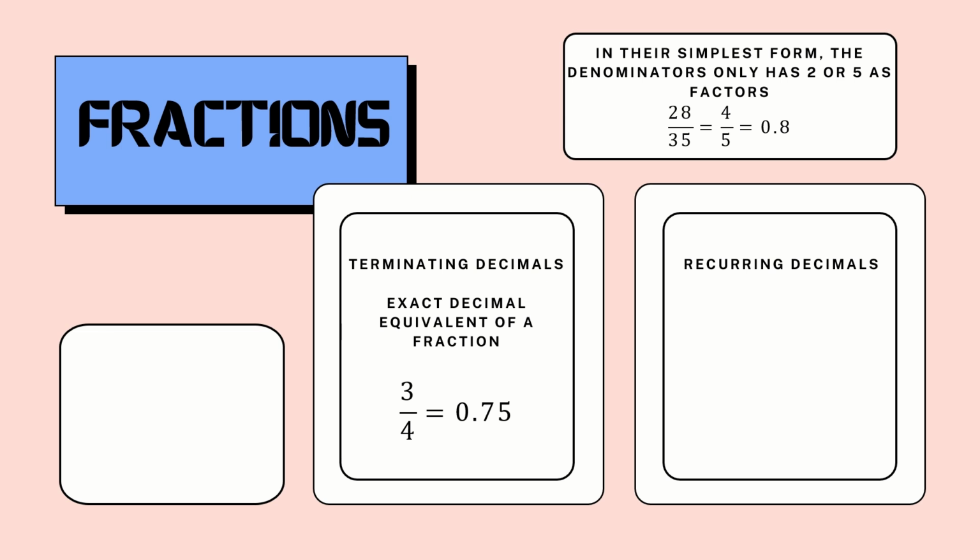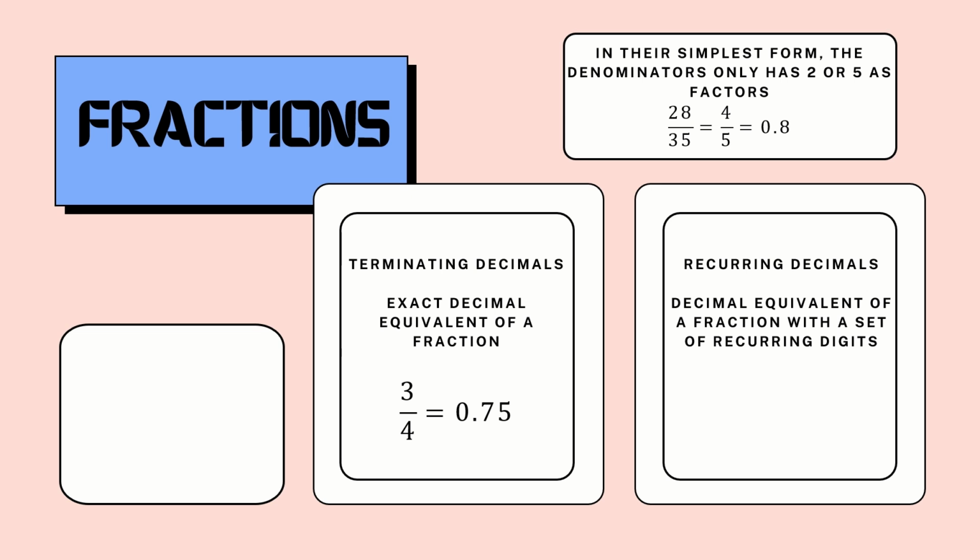For example, the fraction 28 per 35, if we simplify it, would be 4 per 5. You can see the denominator only has 5. So we can write it as a terminating decimal, which is 0.8.